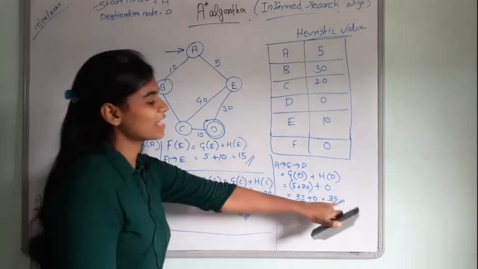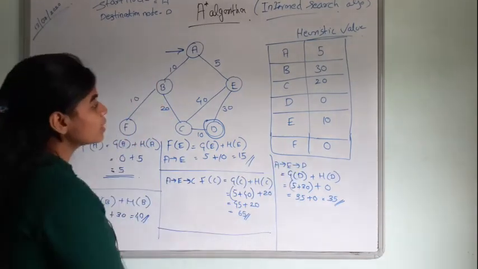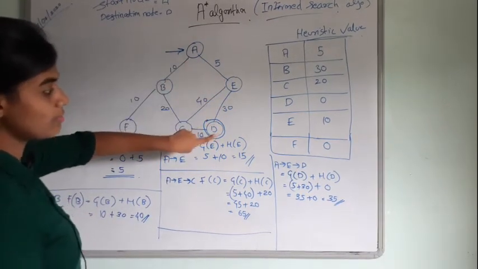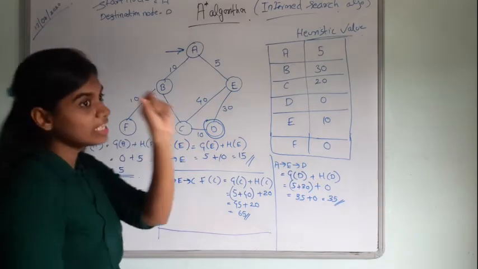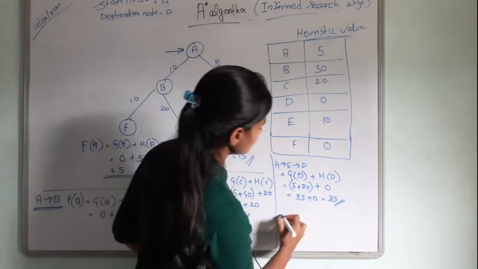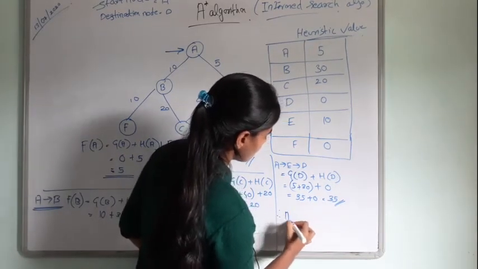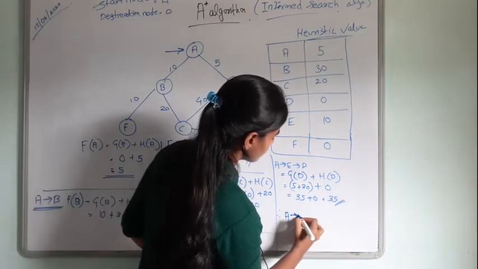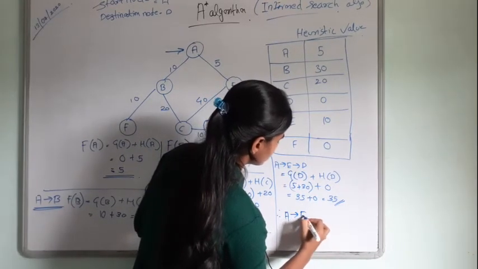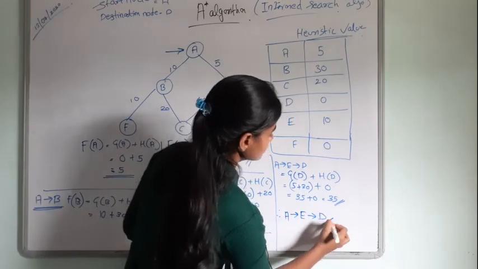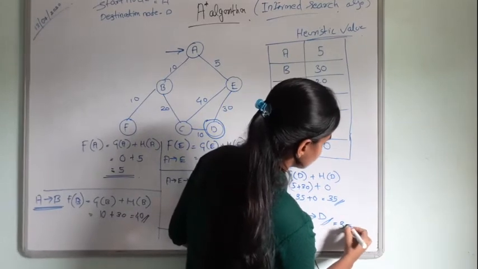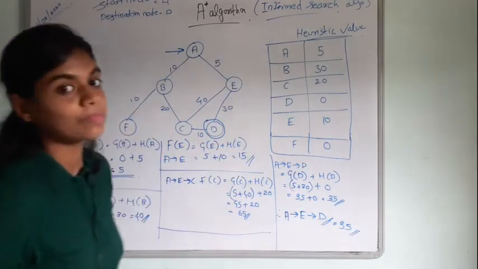Obviously the cheapest path node is A to E to D. So the final answer of this A star algorithm is A to E to D. This is the cheapest path node and its path cost is 35.